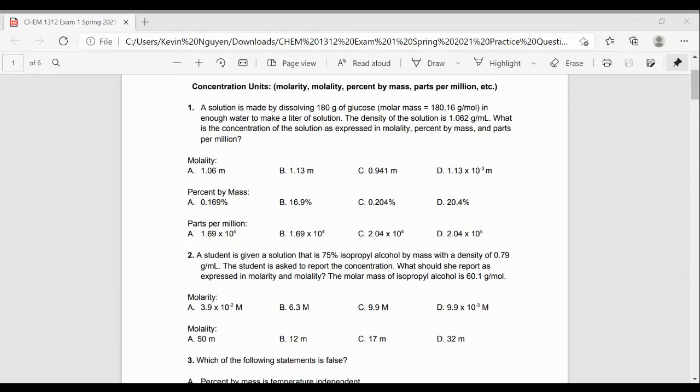The density of the solution, we're told, is 1.062 grams per milliliter. The question is asking what is the concentration of the solution in molality, percent by mass, and then parts per million. So I'm going to do a whiteboard, write out everything that we have and what we're going to be looking for.